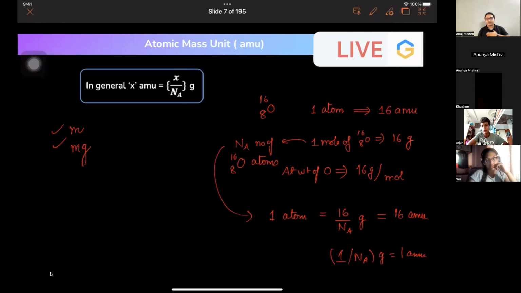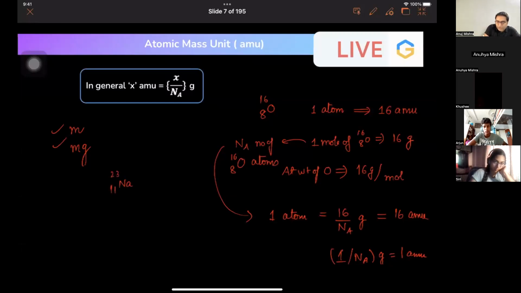Think about it. Is this line visible? 1 by Na gram is 1 AMU. Or we can say AMU is Na times smaller than gram. Much easier: gram, if you make it into small pieces, how many pieces? Na pieces. That small piece is 1 AMU. Is it clear?